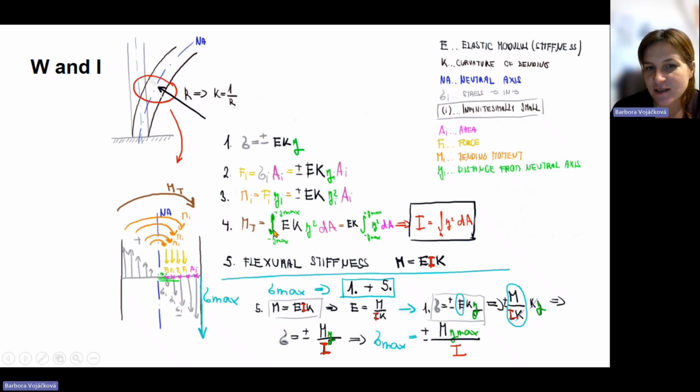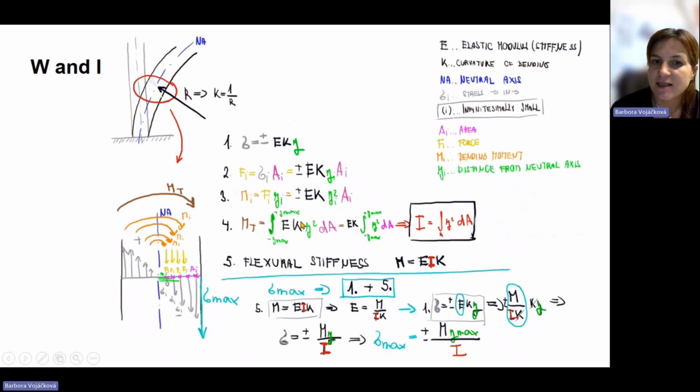For this we use the integral across the whole cross-section area, using the same equation: the modulus of elasticity, or the stiffness of the material, the curvature of the stem, and the distance from the neutral axis squared, applied on an infinitesimally small area.